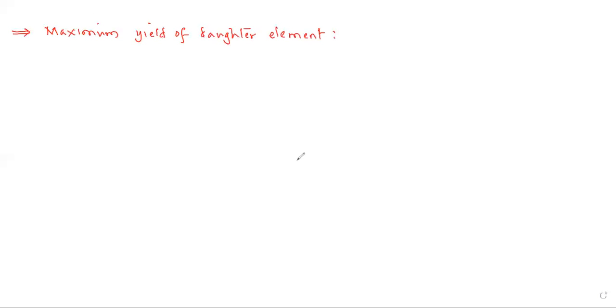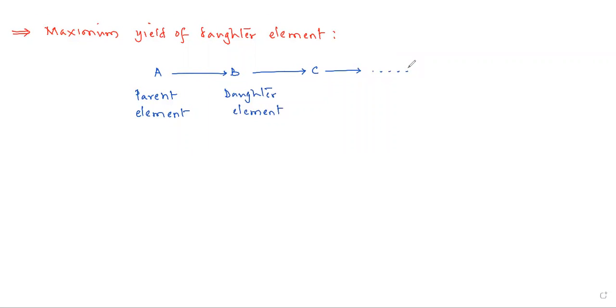As I said, if we consider this, in this we call A as the parent element, and B, of course, because it is disintegrating into C, it is the product, but we call it daughter because it is further disintegrating into C. Then even C also disintegrates, and this process of course goes on.